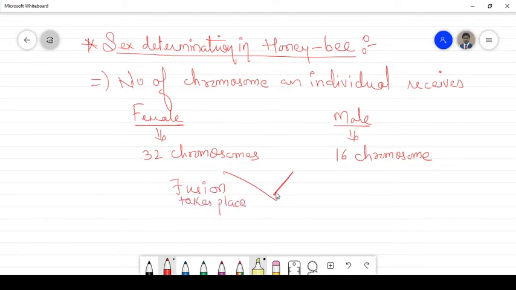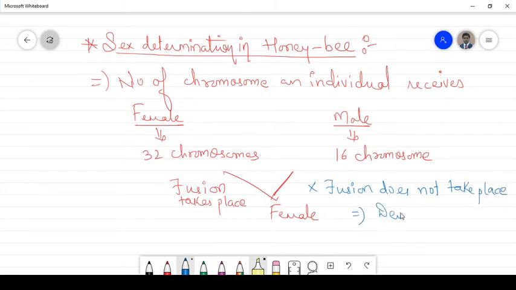So if both fuse, and fusion takes place, then it will develop into a what? The female. But what if the fusion does not take place? It will lead to the development of a male.